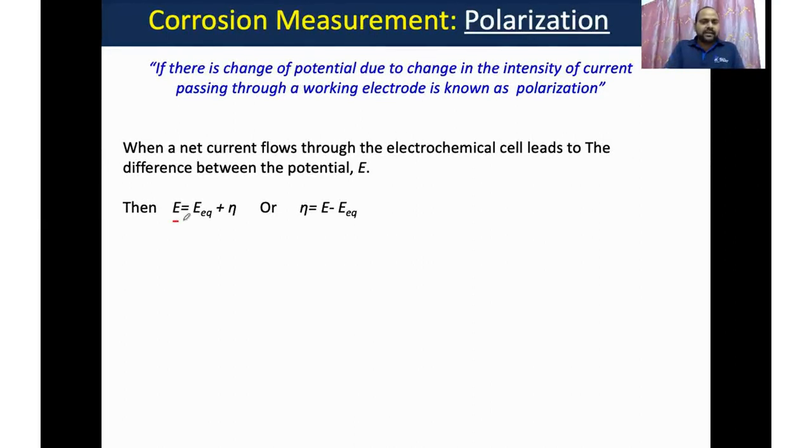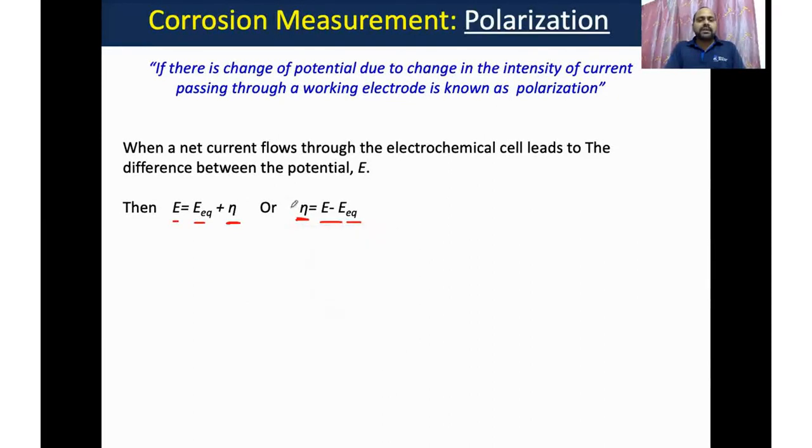E will be E_eq, the equilibrium potential, plus something. That something is eta. That plus something is the voltage after polarization minus the voltage at equilibrium, right?